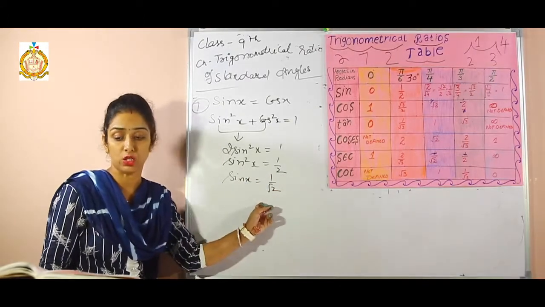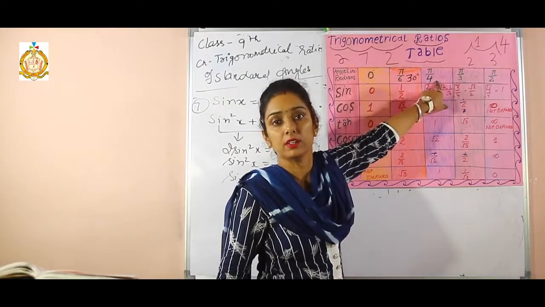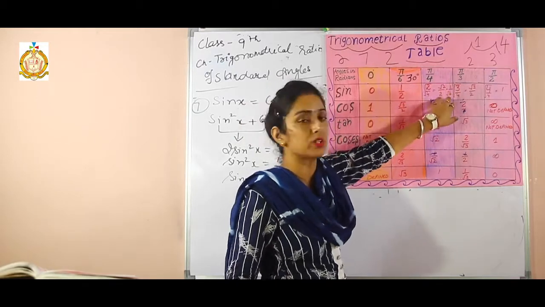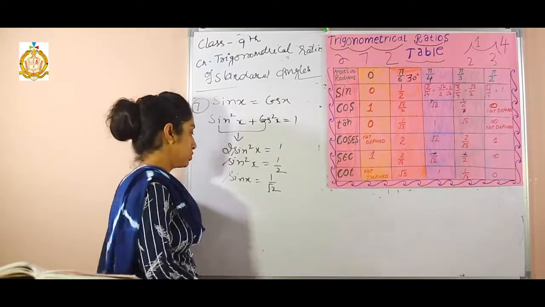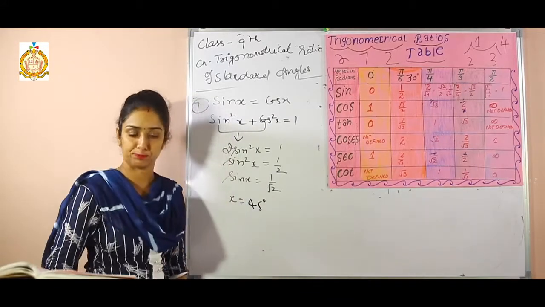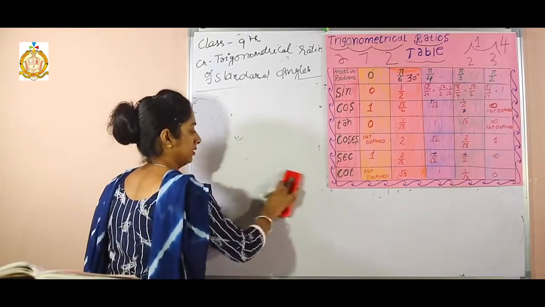Now check the value of 1 over under root 2, that is of sin 45 degree. When sin is 45 degree, then value is 1 over under root 2. So x stands for 45 degree. Right?